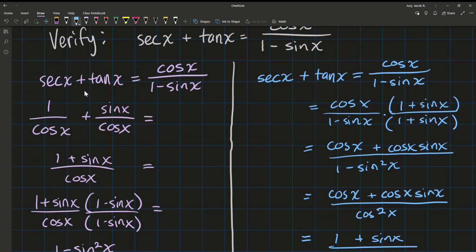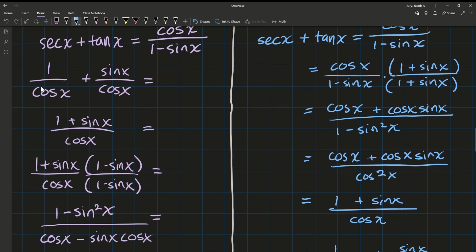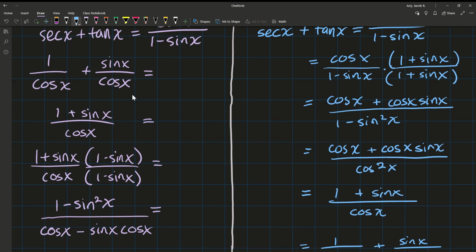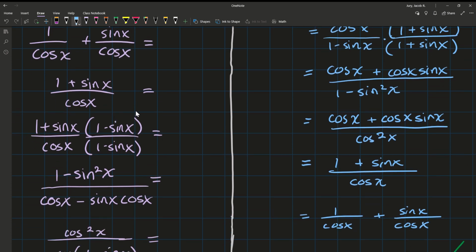I knew that if I worked with the left alone, I would have to turn it into sine or cosine, and I would also have to make sure that the denominators were the same, which they were in the first place. But then a really tricky step in this process was using a conjugate, and this is actually an algebra skill, multiplying by the conjugate.